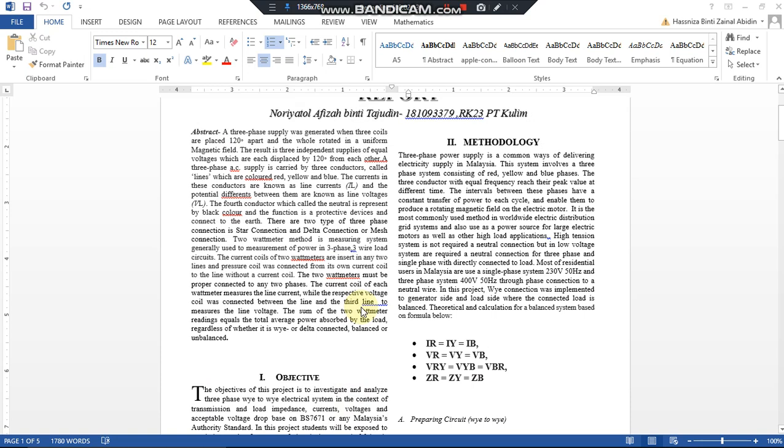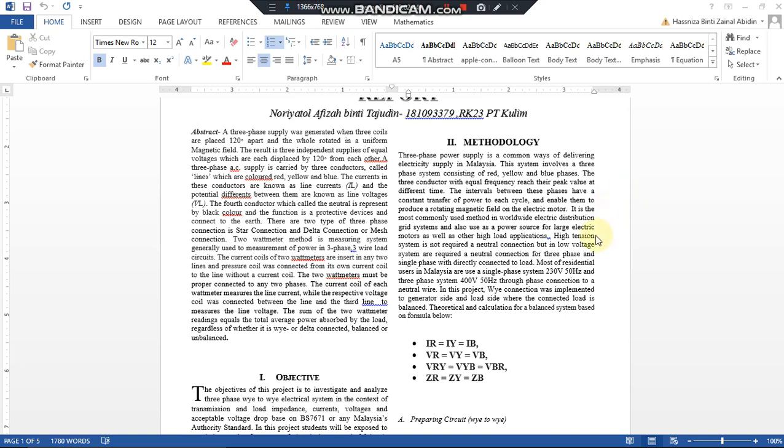Methodology: three-phase power supply is the common way to supply electricity in Malaysia. A three-phase system consists of red, yellow, and blue phases with equal frequency that reach the peak value at different times. The interval between the phases gives a constant transfer of power in each cycle and enables them to produce a rotating magnetic field in the electric motor.